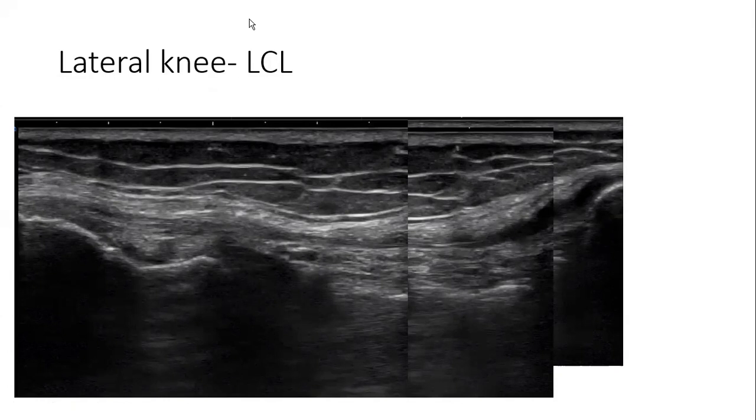Could it be a little bit of a lobe artifact? You're close. Yeah, the principle is the same, but this is because of anisotropy. Because see, the ligament is going down this way, and your beam is not hitting it at 90 degrees.